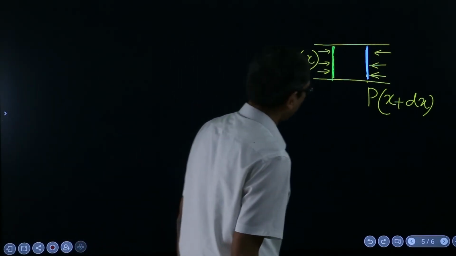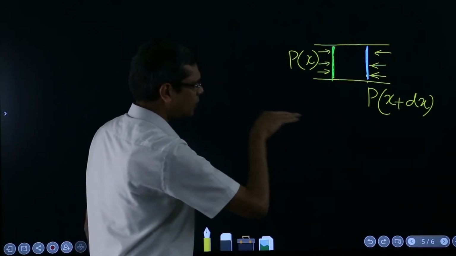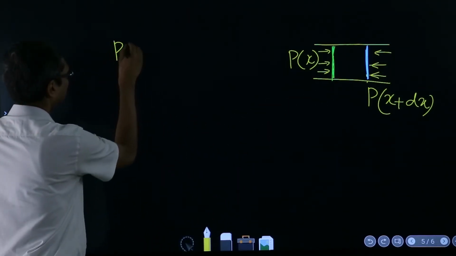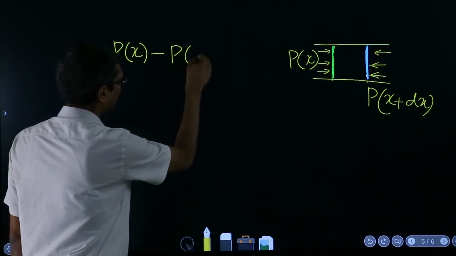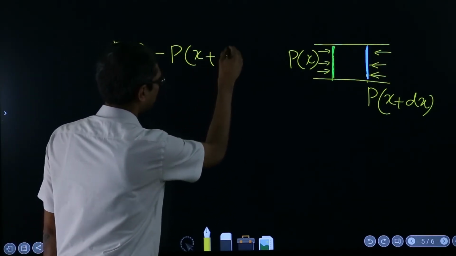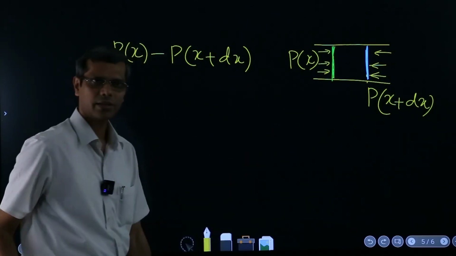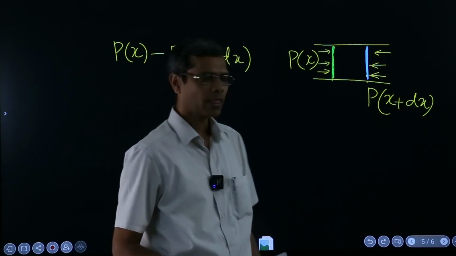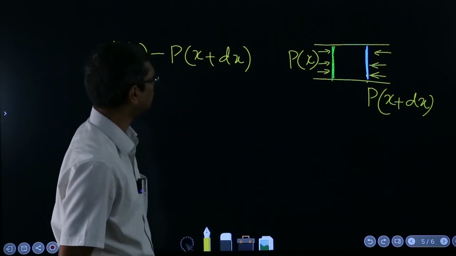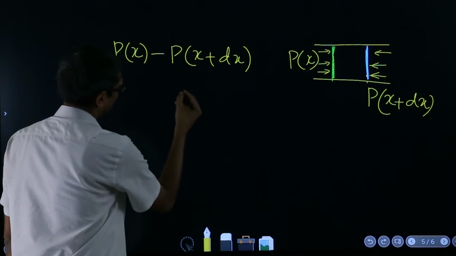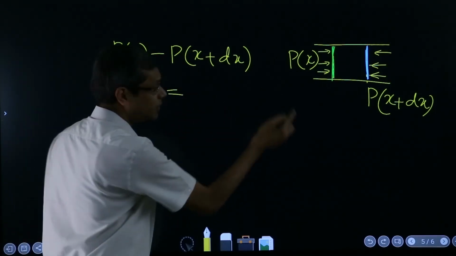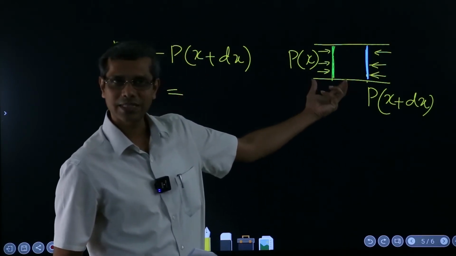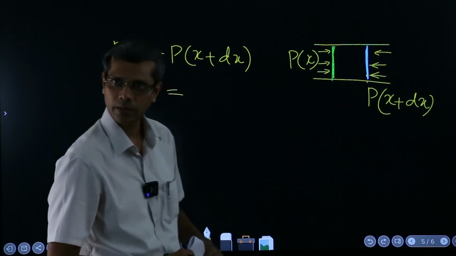So what is the total amount of pressure which is acting in the positive x direction? It's P at x minus P at x plus dx. That's the pressure, and area is unity, so this itself is the force also, and that should be equal to the acceleration of that mass which is entrapped, right?